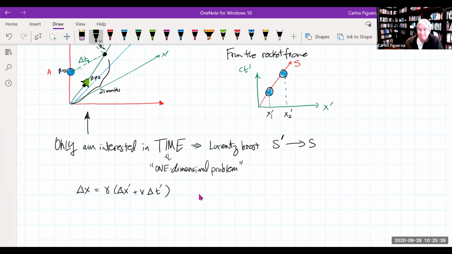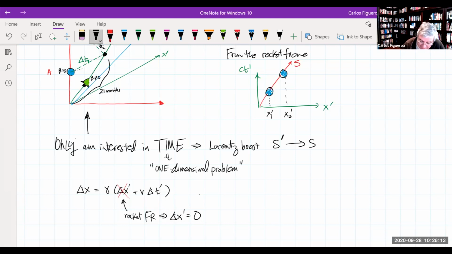Okay? This is, of course, in the rocket frame, which tells me that delta x prime has to be 0 because the elephant doesn't move in this frame. We assume that the elephant can get up and move, of course, but that distance is negligible towards the space-time distances that you're sending the light signal. So that means I can ignore that.